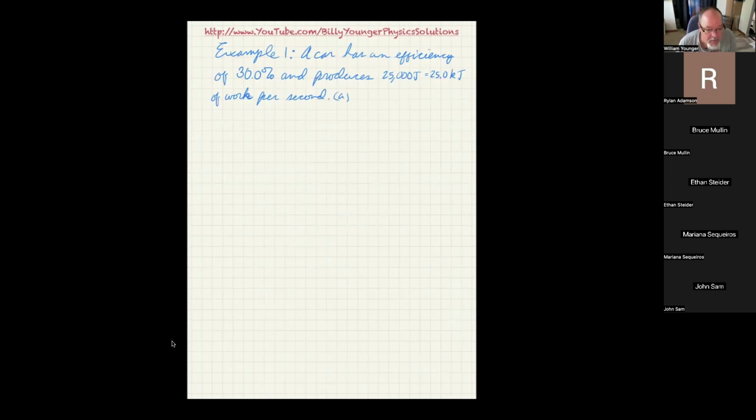A, how much heat input is required? And B, how much heat is wasted?